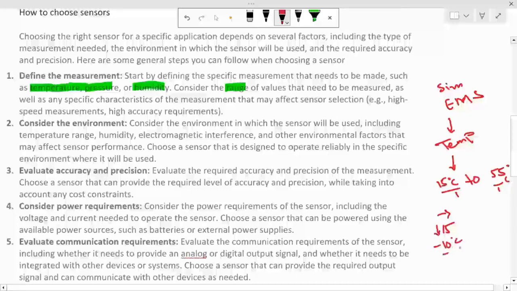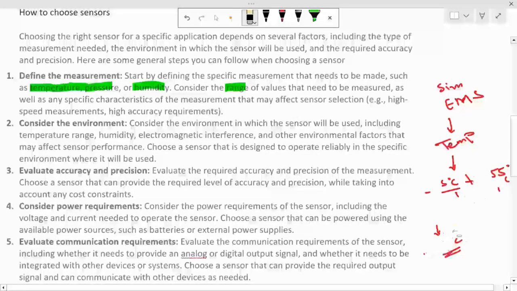So according to the environmental data you are going to measure, and according to the conditions, we need to select the sensors. You can't use the same sensors you are using for Indian environment monitoring. You need to select a different sensor if you are making an environment monitoring system for colder areas. So I hope you got this point.